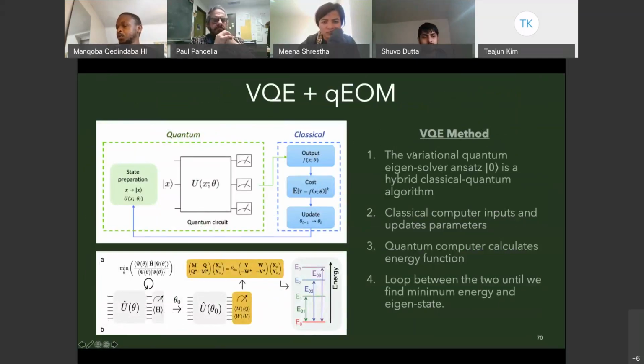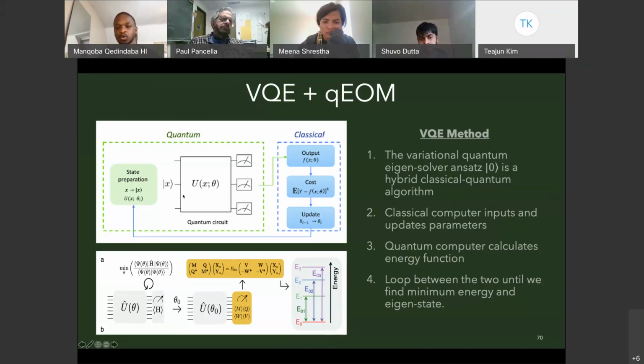The VQE is a hybrid algorithm. What it does is that the initial inputs of how you want to minimize your function are done by the classical computer, but the hardcore problem, which is the cost of the function, is done by the quantum computer.